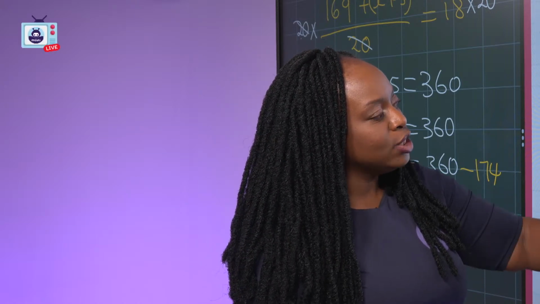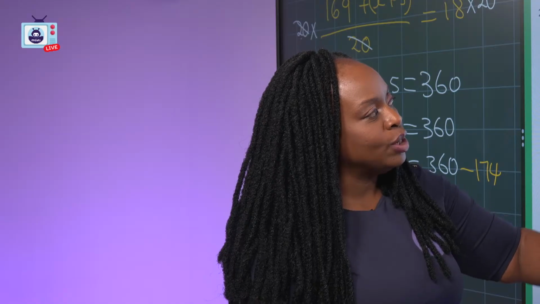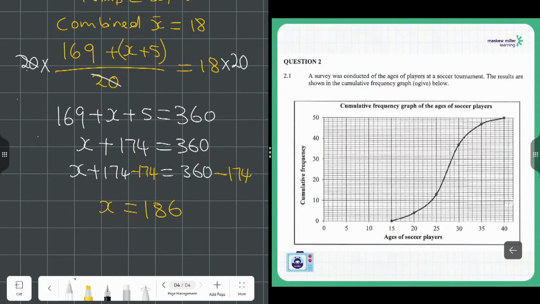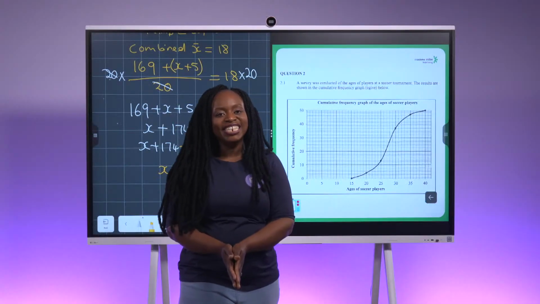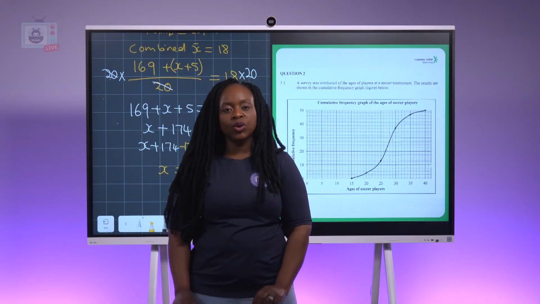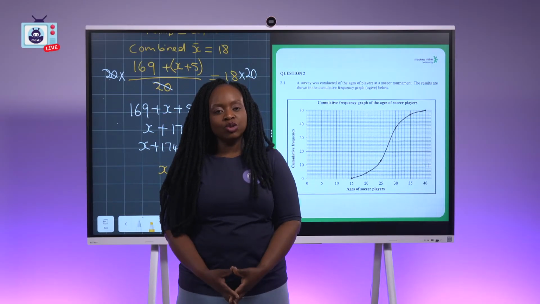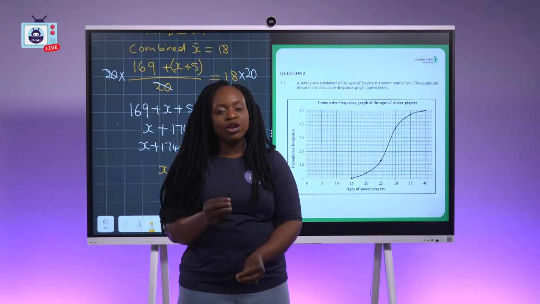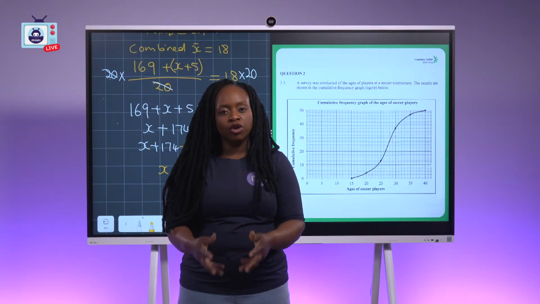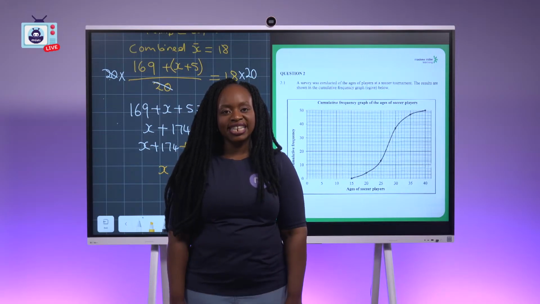As you are busy trying to consolidate that, I would want you to look at the second part of the question, which is still from the same question paper that you can download, and then we can work through it together, because the lesson today is to ensure that at the end of the day, you understand what you need to do to respond to statistics. Stay tuned.